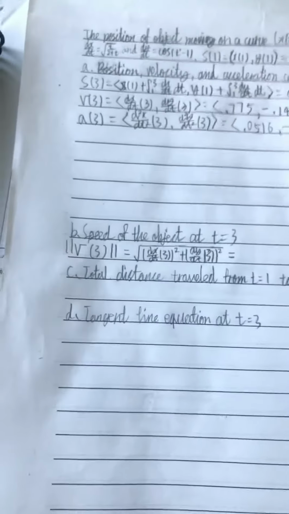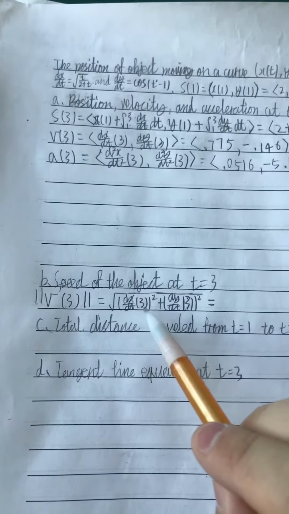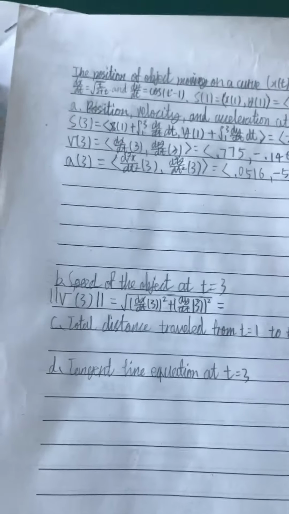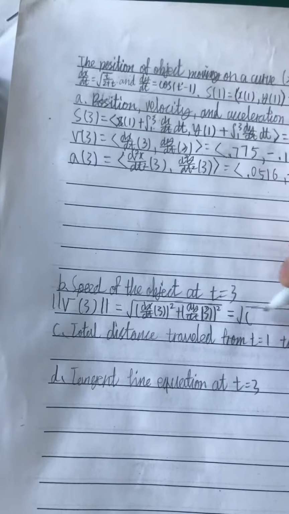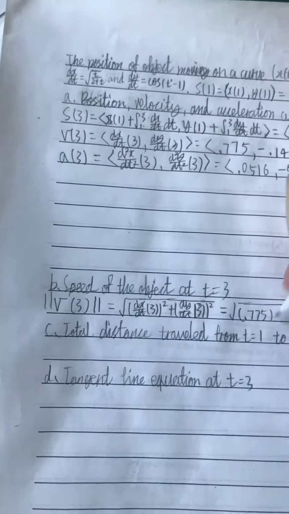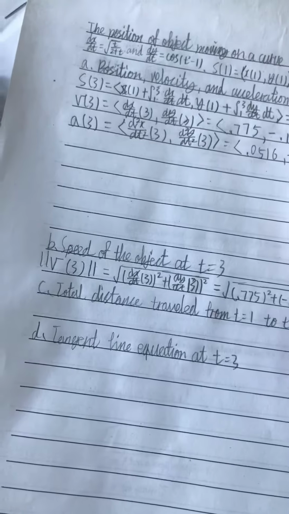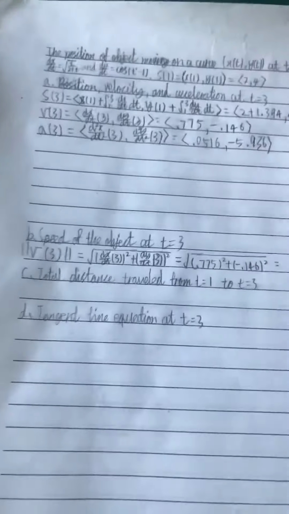Okay, so basically we know dx/dt at time equals 3 and dy/dt at time equals 3 from the previous problem. So we can write this as the square root of 0.775 squared plus negative 0.146 squared. We will let the calculator do the work.